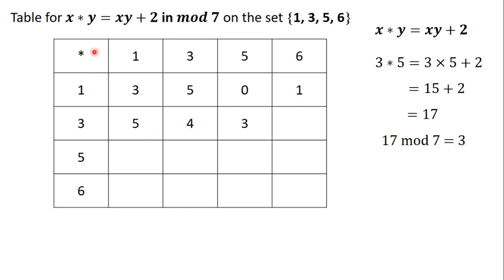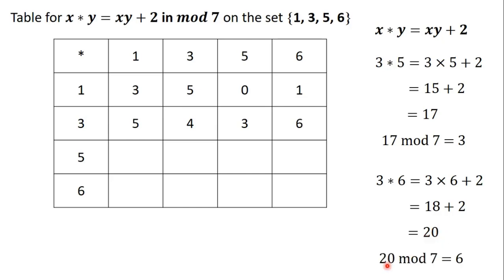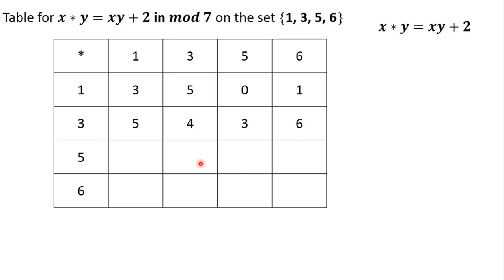The next one is 3 star 6. 3 star 6 will be equal to 3 times 6 plus 2. 3 times 6 is 18. 18 plus 2 will give us 20. You find 20 mod 7. And 20 mod 7 is equal to 6. Let's move on to the next row.